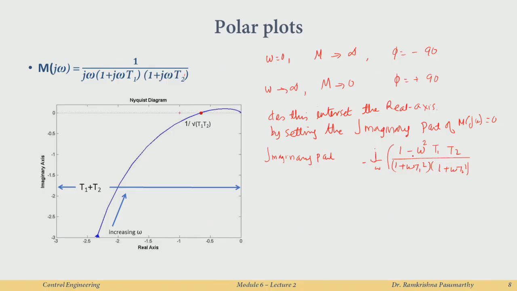Again, when does this go to 0? This goes to 0 when omega is 1 over square root of T1 T2. Now substitute this omega in the real part to get the value. I'll leave that simple computation to you.